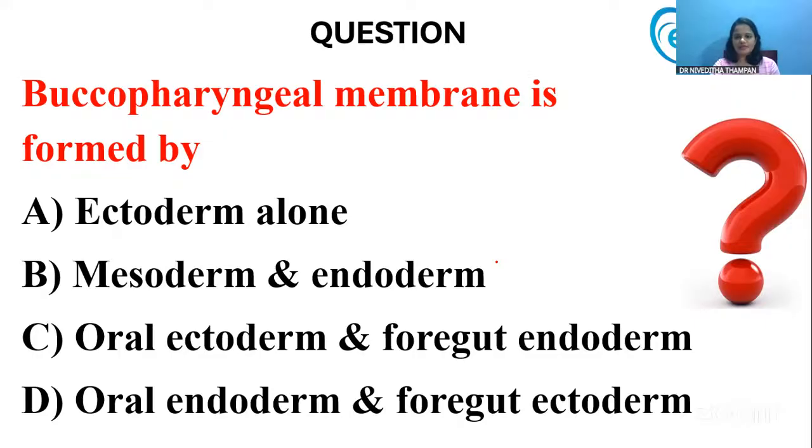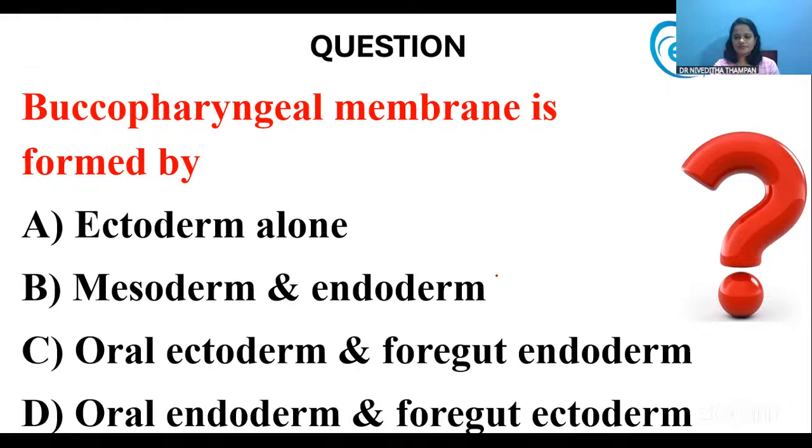Anyone know the answer? How is the buccopharyngeal membrane getting formed? So the buccopharyngeal membrane, which is going to break, is formed with the help of oral ectoderm and foregut endoderm. Only two layers will be present in the buccopharyngeal membrane: oral ectoderm and foregut endoderm.